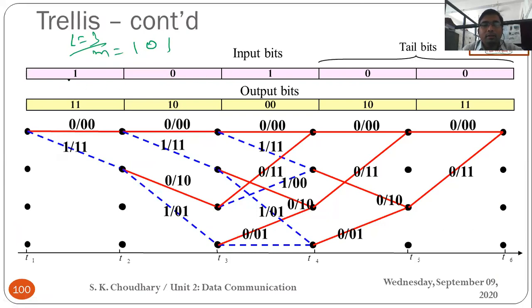This is the actual input bits. On these input bits, we use 2 flush bits, as per the formula we know: K minus 1 flush bits, or redundant bits, whatever name you give them, which are added at the end of the code word.